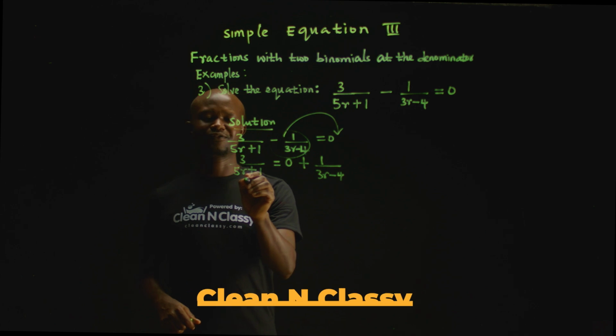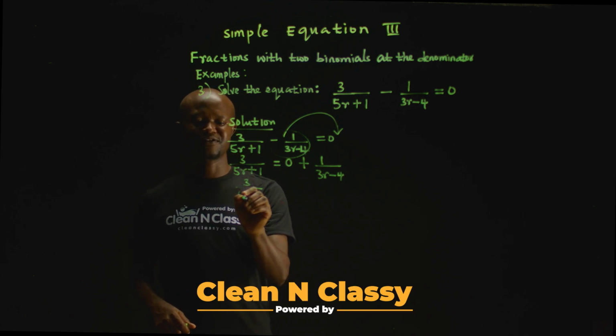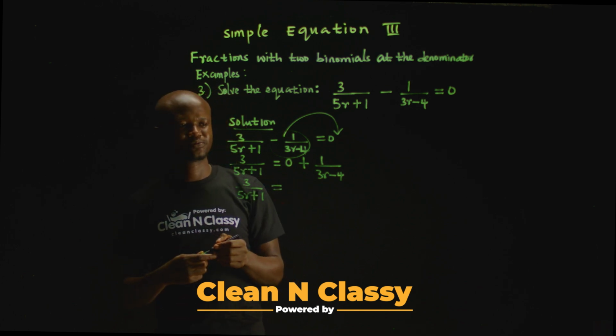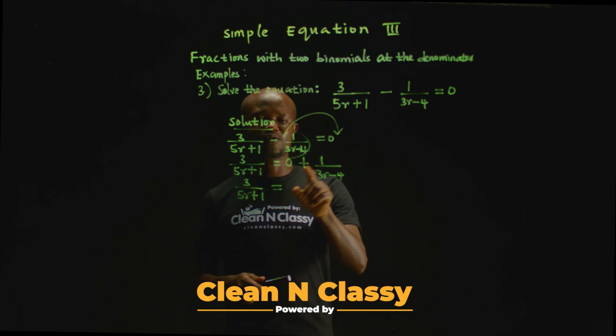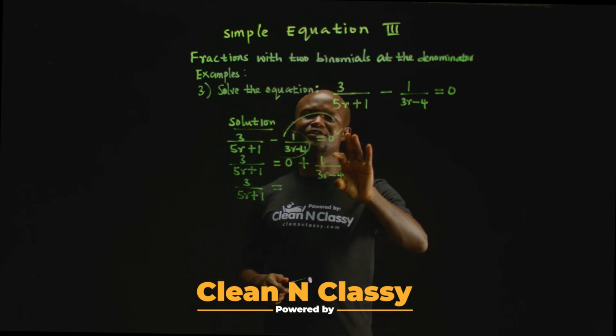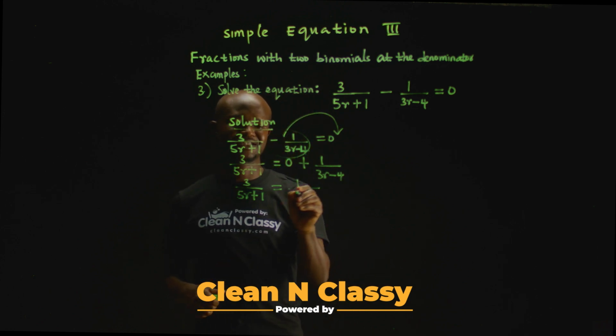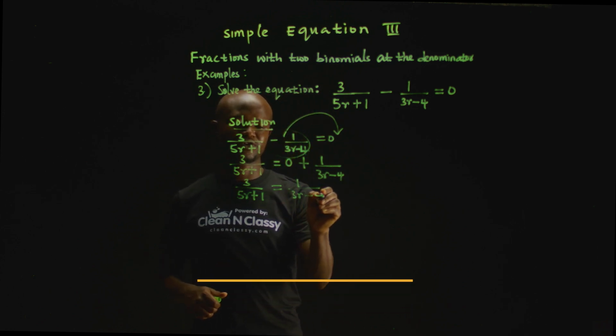Now, we have 3 divided by 5r plus 1 equals to, now 0 plus the algebraic fraction will still give us the algebraic fraction here. So we have 1 divided by 3r minus 4.